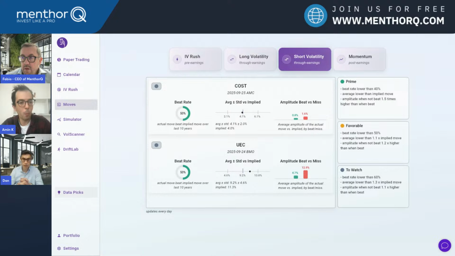This IV Rush tool shows us when you can enter at the right moment and take advantage for 5 to 10% little plays, but they accumulate. They can grow exponentially, and you can make a lot of money on that without a lot of risk.